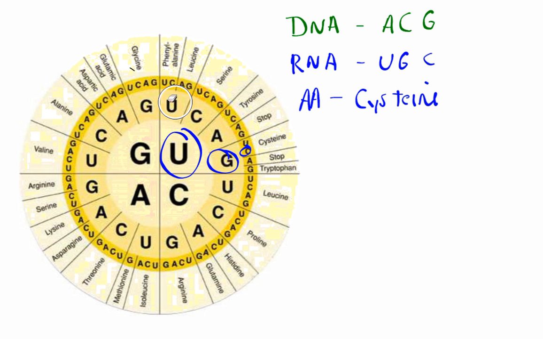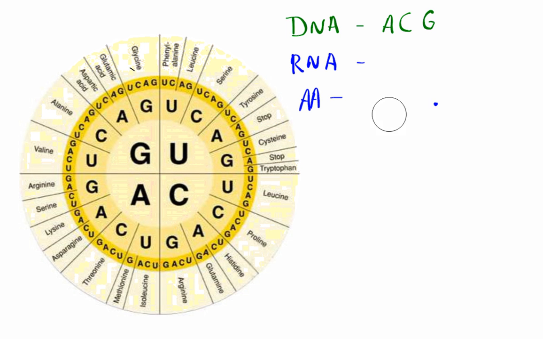But let's say there's a mutation. And instead of ACG, we have ACA. There's a point mutation. We have one base that's bad. Well, what's the RNA going to be now? The RNA is going to be UGU.